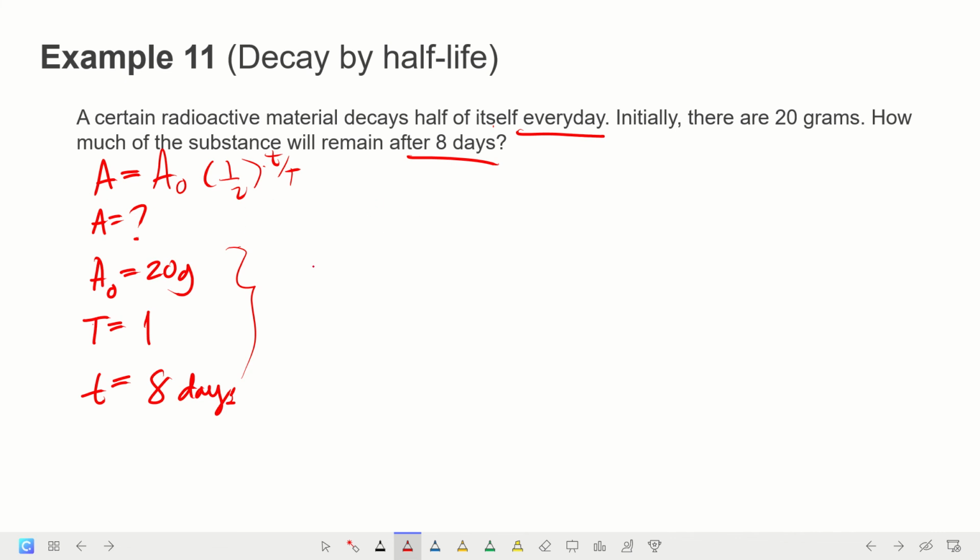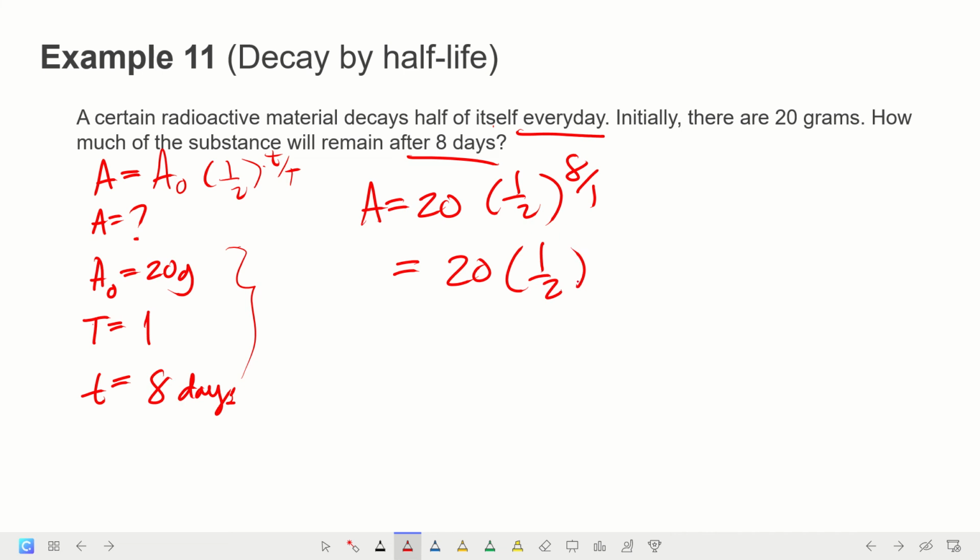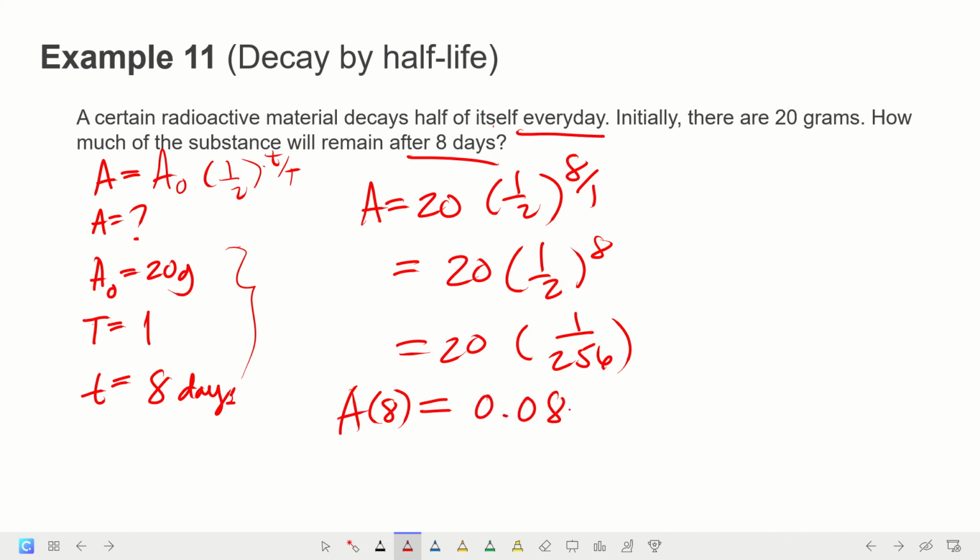So, A is equal to A sub O, which is 20 grams, times 1/2 raised to 8 divided by 1. So, 20 times 1/2 raised to 8 is equal to 20 times 1 over 256. So A sub 8 is equal to 0.08 grams.